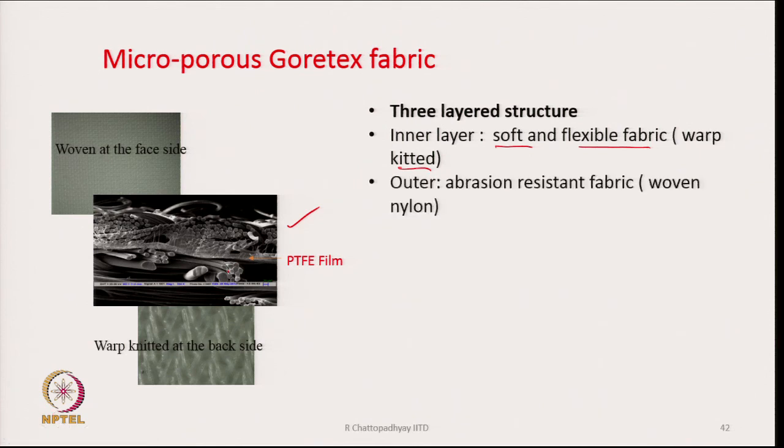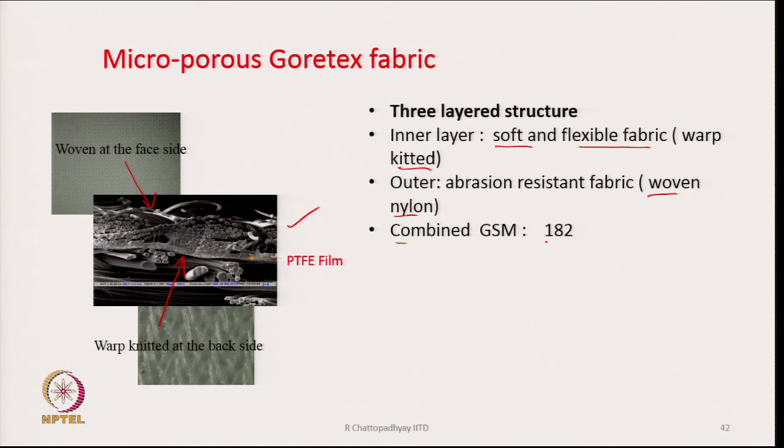So, the inner layer is here at the bottom. The outer layer is an abrasion resistant fabric, usually woven nylon. So, on the top is woven nylon and the lower is warp knitted fabric, and in between we have the PTFE film.